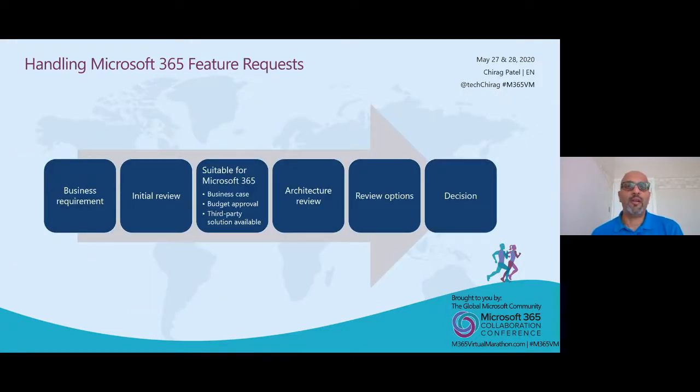Once you've got your tenant up and running and everything configured, no doubt you're going to get demands from users as to whether they can have Shifts, for example, in Teams. You may roll that out, enable that, depending on how you do it. But if you look at this process, don't ignore them.